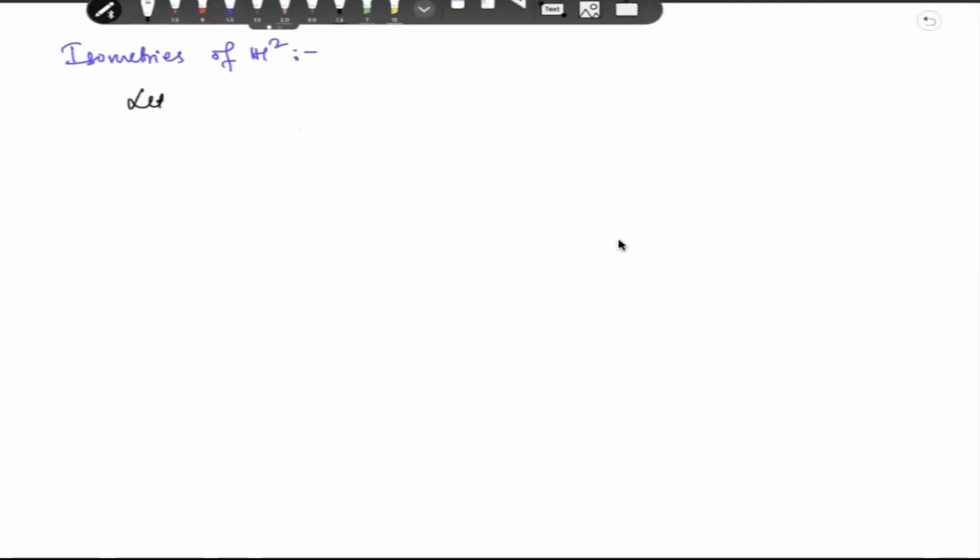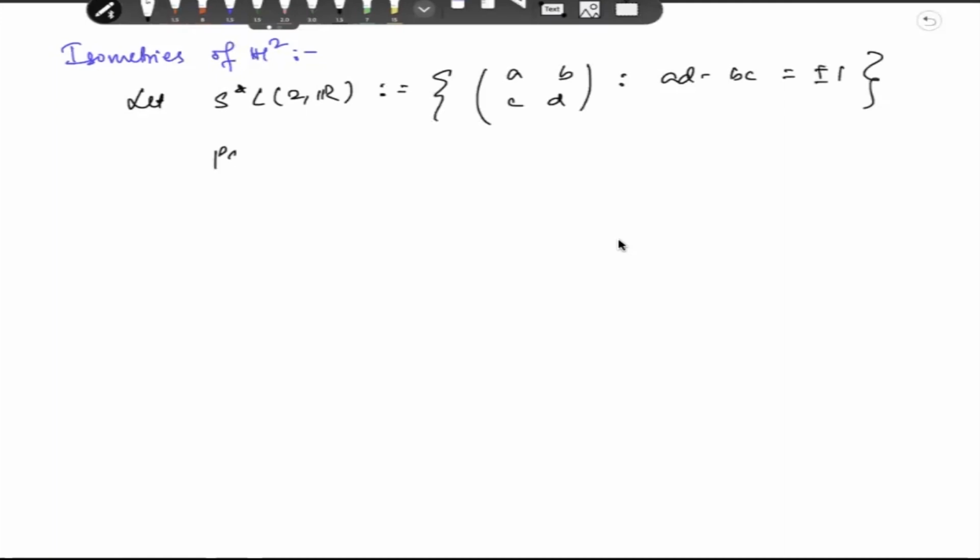Let S star L2R be the set of all matrices such that the determinant of the matrix is plus minus 1, that is AD minus BC is plus minus 1, and P S star L2R is the quotient of this S star L2R, by just plus minus identity.